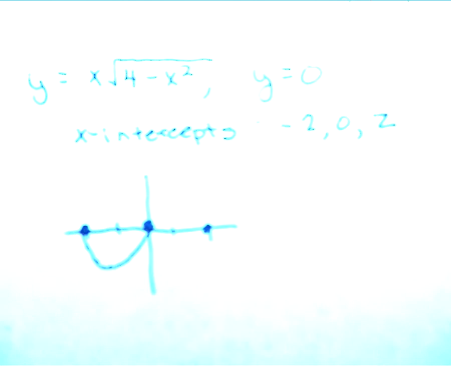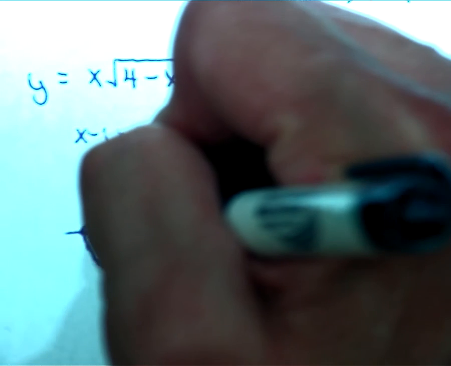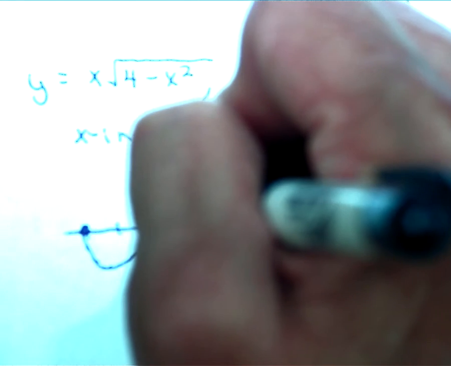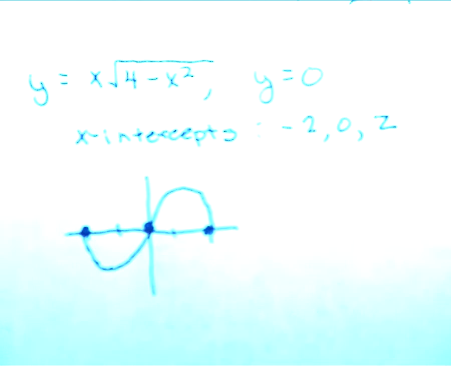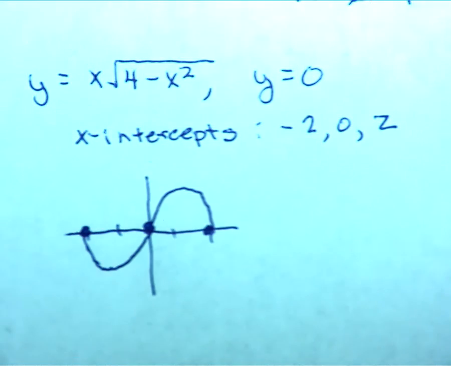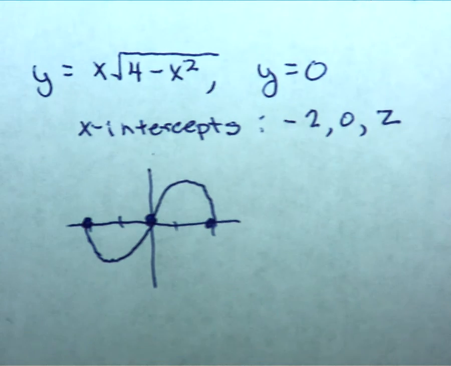From negative 2 to 0, it's below the x-axis like that. And from 0 to 2, it's above the x-axis like that. Integrate from 0 to 2 and multiply it by 2.